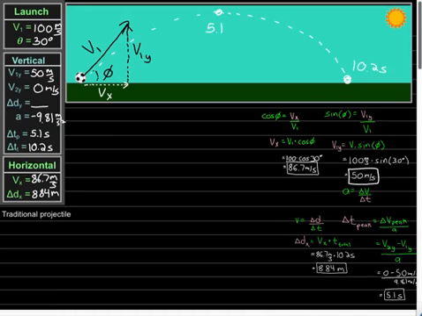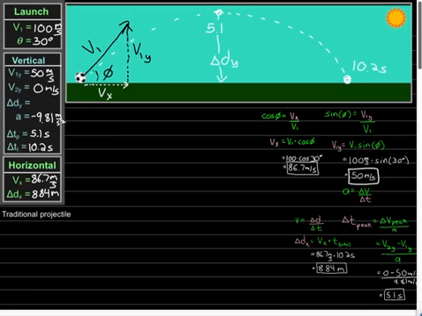So the height is the only thing missing. So let's go ahead and calculate it. Now the height of the object, delta dy, is going to be affected only by the vertical velocity and the acceleration. We can find it directly from those two things.